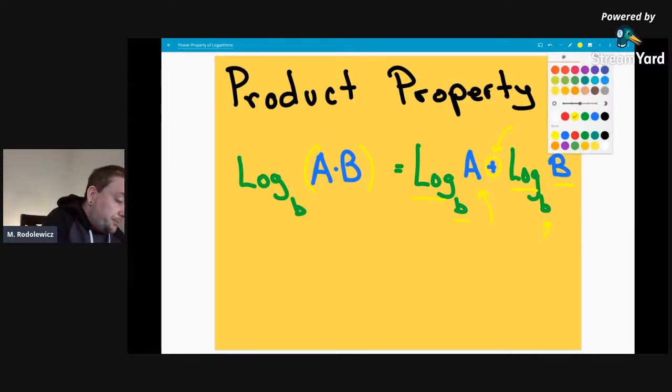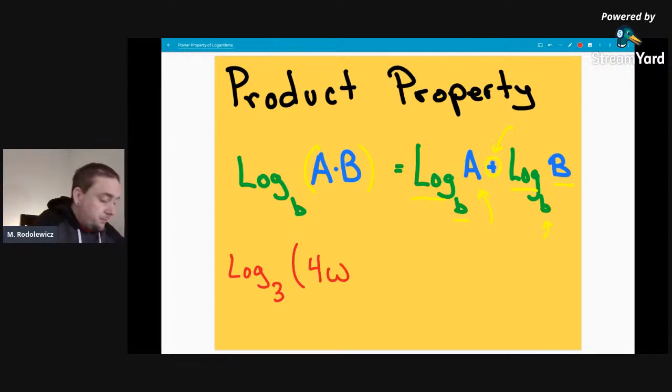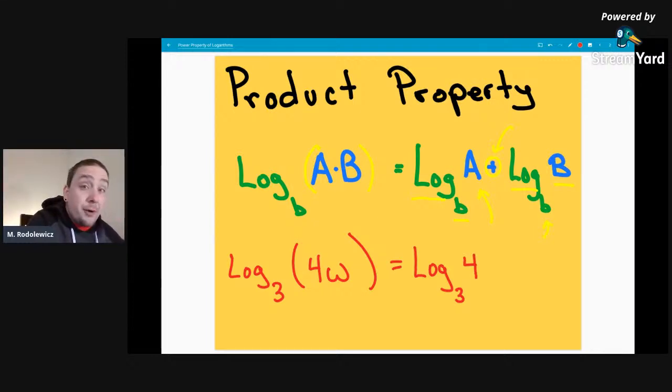Here's an example. Suppose I had log base 3 of 4 times w. What does this rule say? We can expand this logarithm into two logarithms. Log base 3 of my first factor is 4. What separates them? Addition.